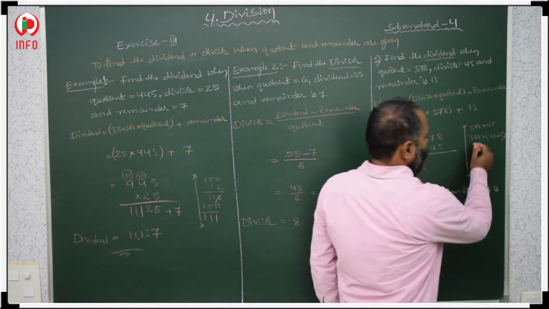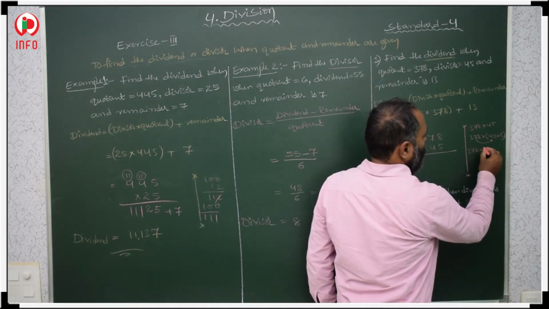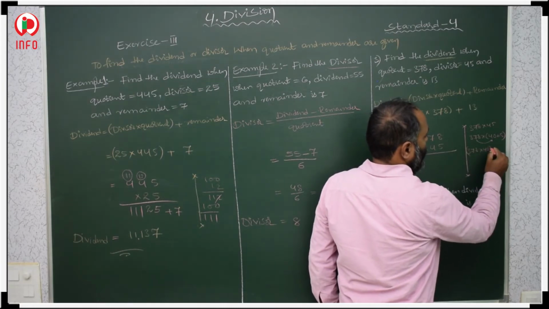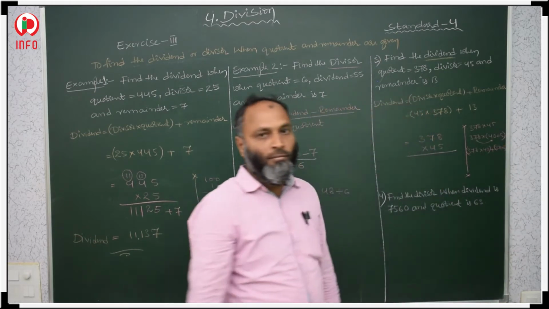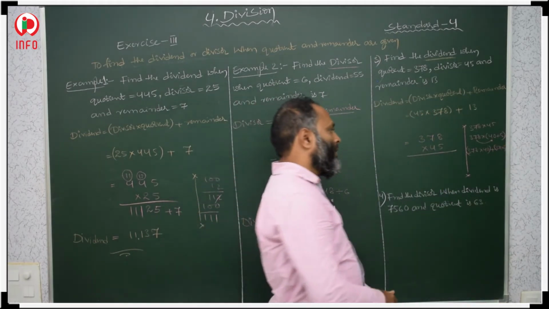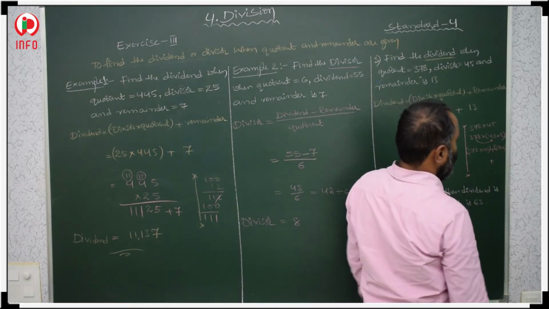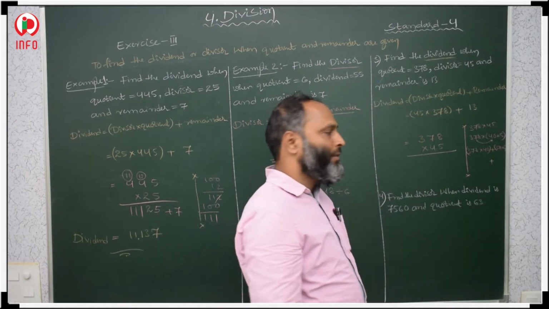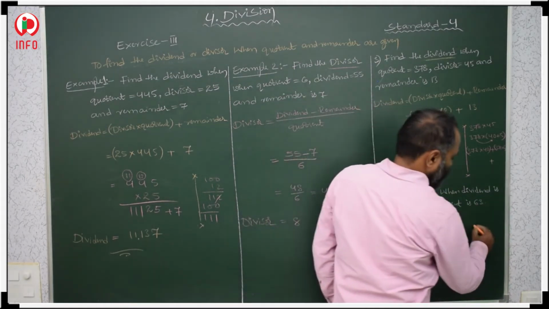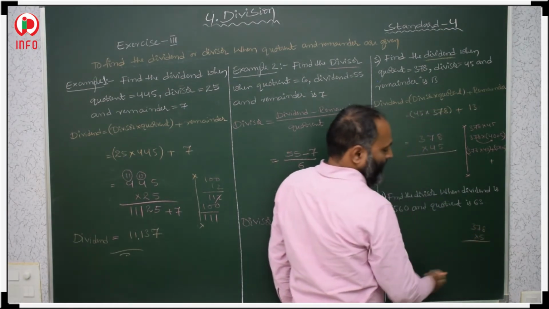Then by our distributive law, 378 into 40 plus 378 into 5. Now 378 into 5 we have to do.